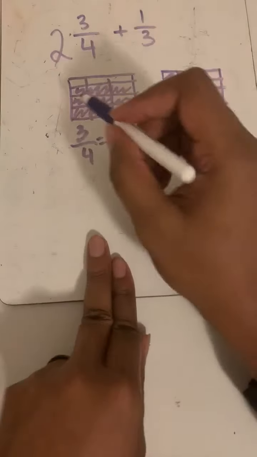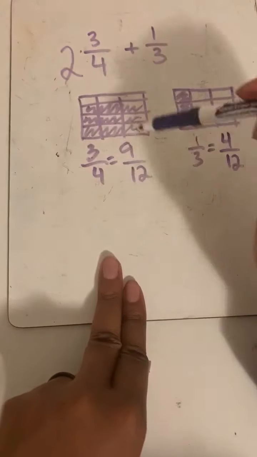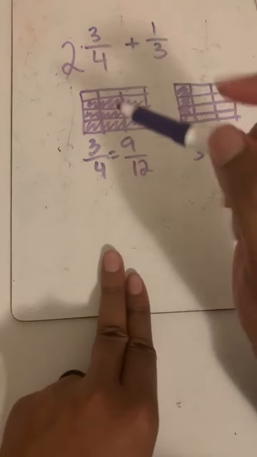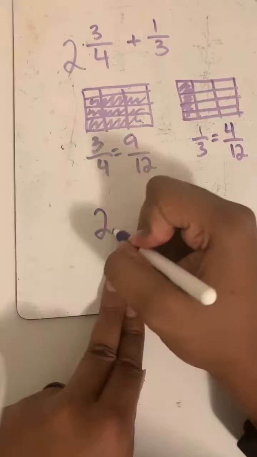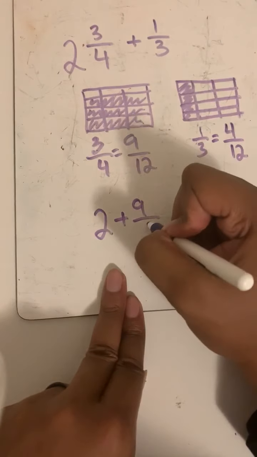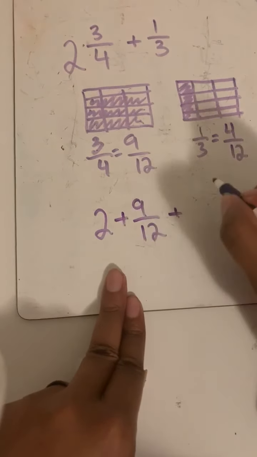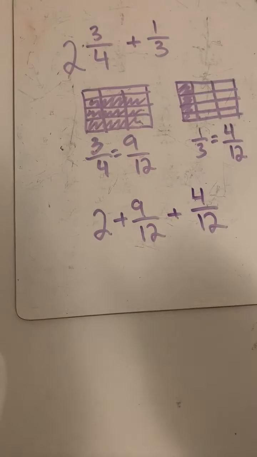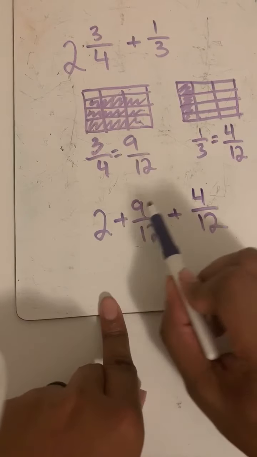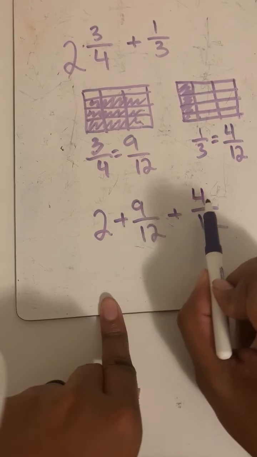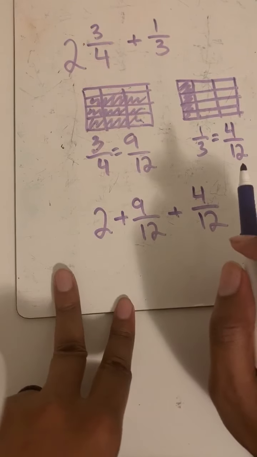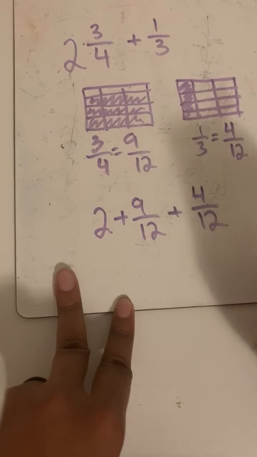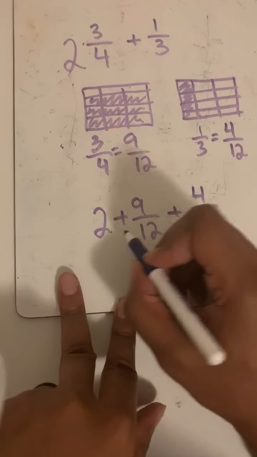So I can actually say that this is 2 plus 9/12 plus 4/12. I know that 9/12 plus 4/12 gives me 13/12.